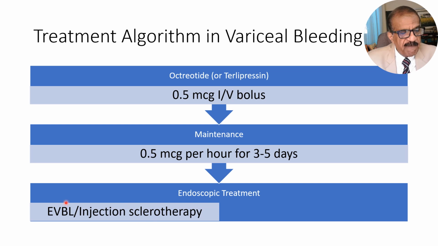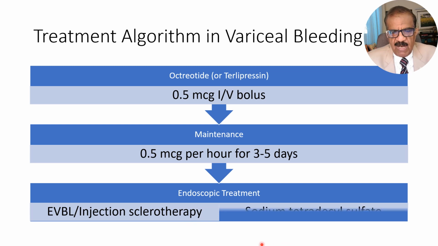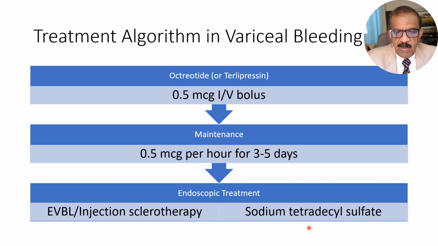But still, if the facility for banding is not available, then sclerotherapy can be offered to save life. Now, sodium tetradecyl sulfate is a substance which is used for sclerotherapy of gastric varices. A little expensive, not easy to find.